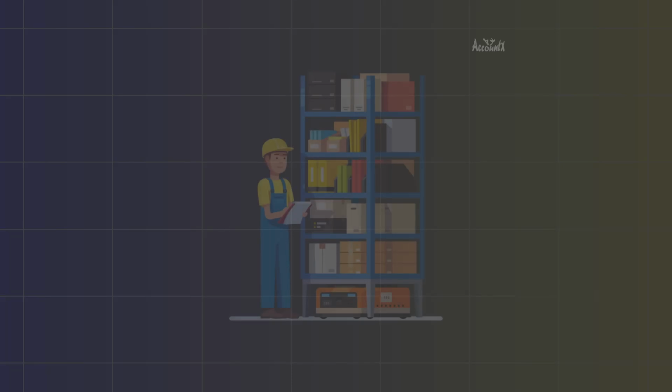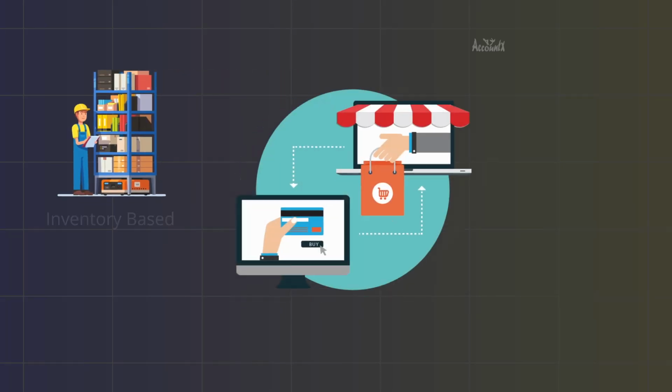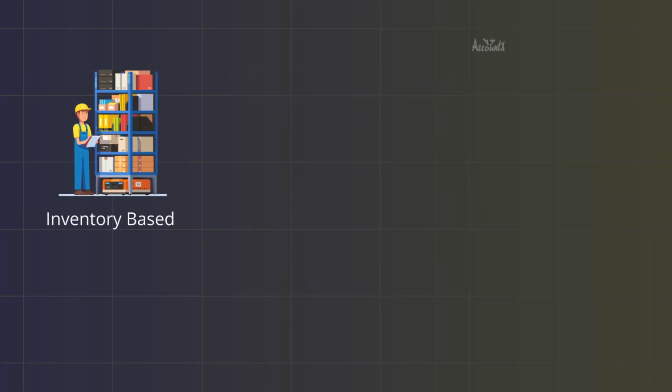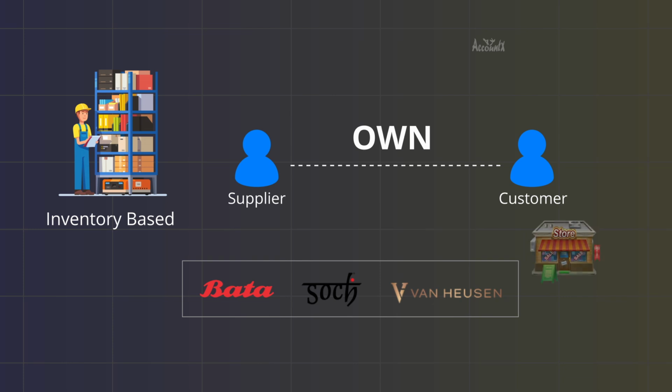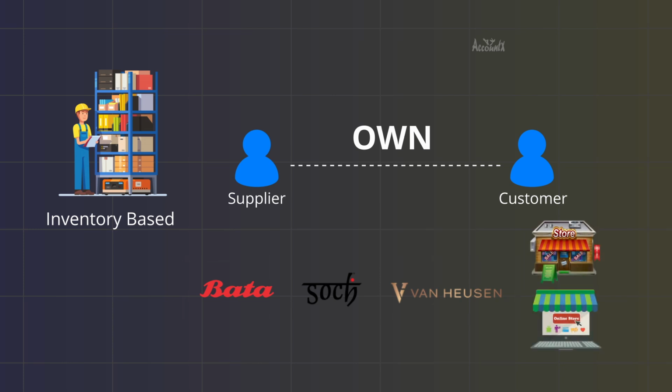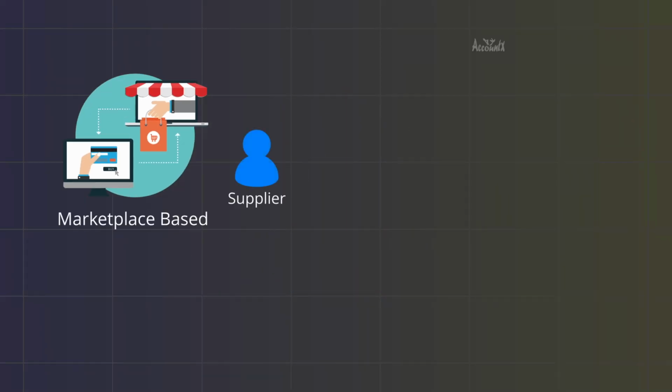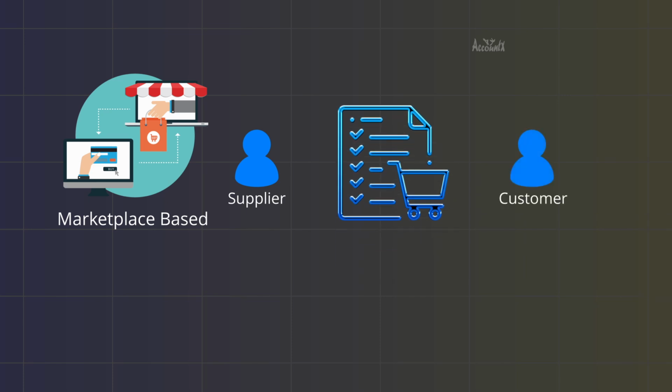Before we talk about taxes, let's first understand a bit more about e-commerce businesses, starting with business model. This can be either inventory based or marketplace based. In inventory based model, suppliers sell directly to consumers through their own platform. Brands like Bata, Soch or Van Heusen sell through their offline store. In addition to that, they also sell online on their own website where consumers can directly buy from. But in marketplace-based model, suppliers are required to list goods or services on a platform provided by the e-commerce operator.